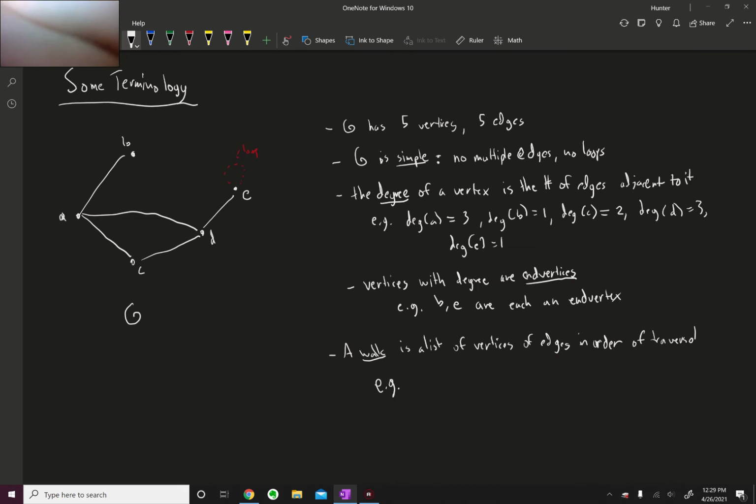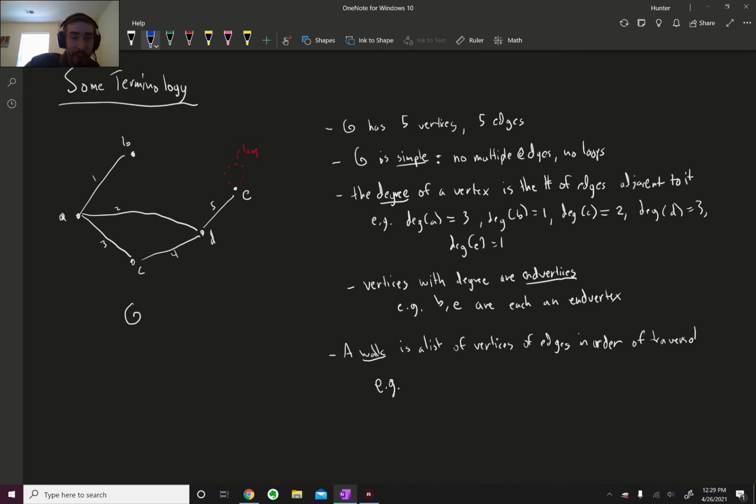So let me give my edges labels. These will be 1, 2, 3, 4, and 5.